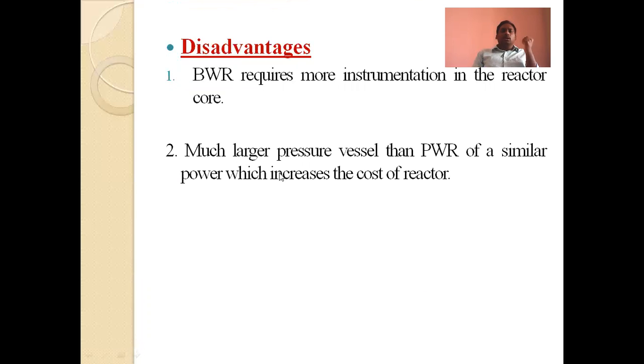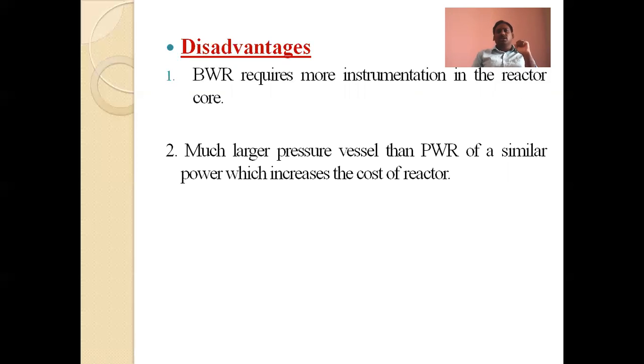And here, a much larger pressure vessel than a PWR of similar power is needed, which increases the cost of the reactor. Much larger pressure vessel does not refer to the reactor operating pressure.